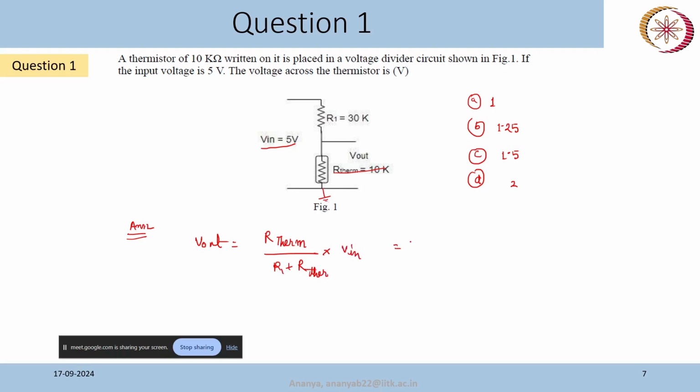So this is 10 by 30 plus 10, so 40, into 5, so this is equal to 1.25 volt. Okay. So the answer is B.